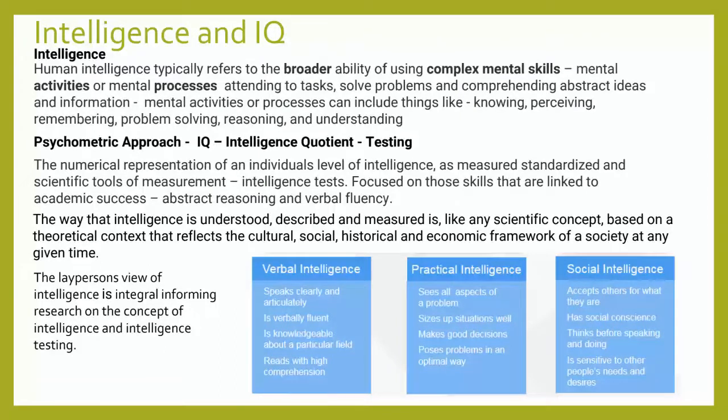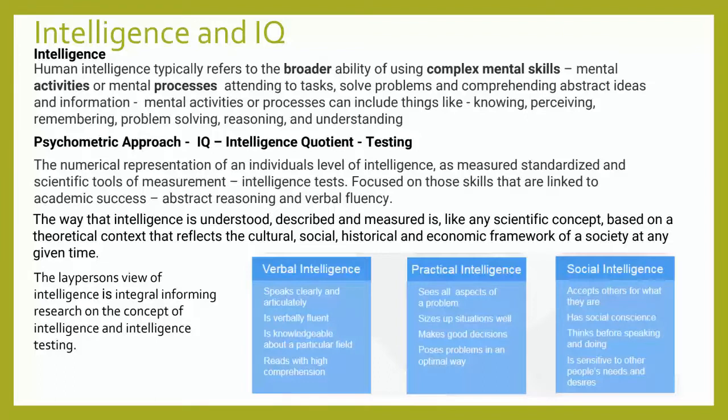It's a testing of intelligence. So it's a numerical representation of an individual's level of intelligence as measured by standardized scientific tools of measurement. So it's done in a scientific way and in a standardized approach to measure intelligence. And those are what we call intelligence tests. So IQs are the results of your intelligence tests.